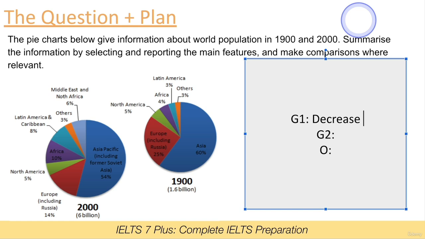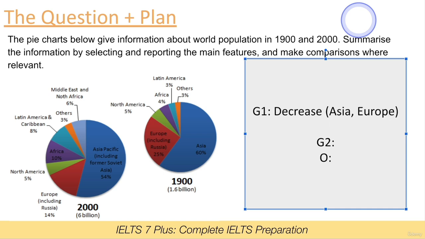So decrease. So groups that have decreased: we've got Asia and we've got Europe. Perhaps in this group, I might want to talk about categories that have stayed the same. In other words, another word for stay the same is categories that have plateaued.